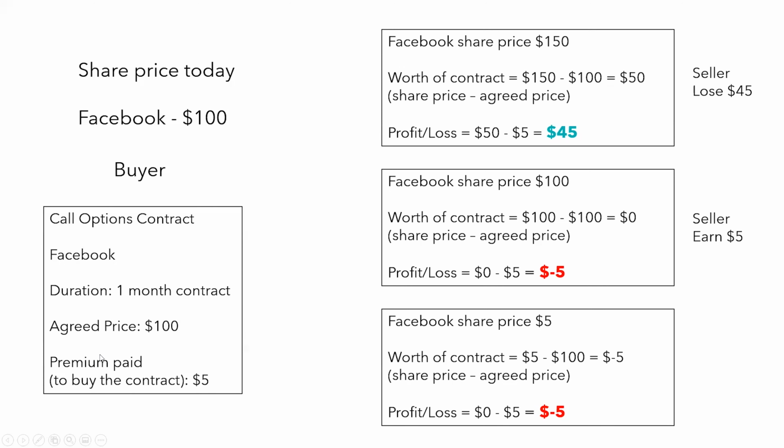So just take note, if the Facebook share price plunges, your maximum loss, for these two examples, is just the premium you paid for the contract. I'm just calculating the maximum loss. And on the other hand, your seller will definitely earn the premium.